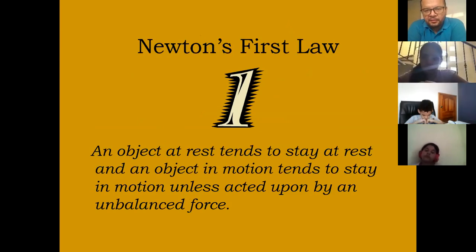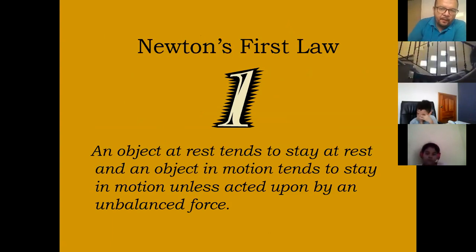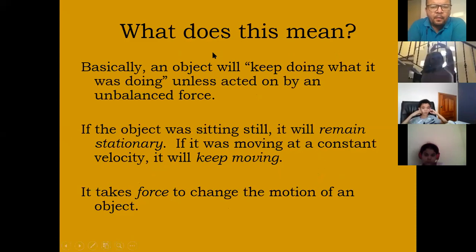But let's see Newton's first law. An object at rest tends to stay at rest, and an object in motion tends to stay in motion unless acted upon by an unbalanced force. That is the first law. What does it mean, do you think?